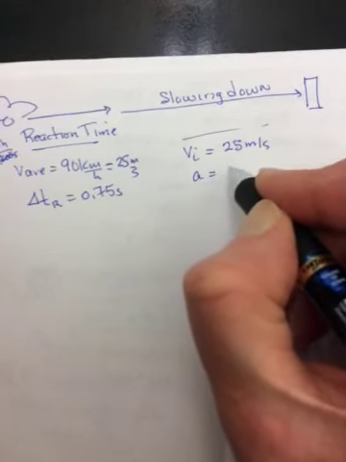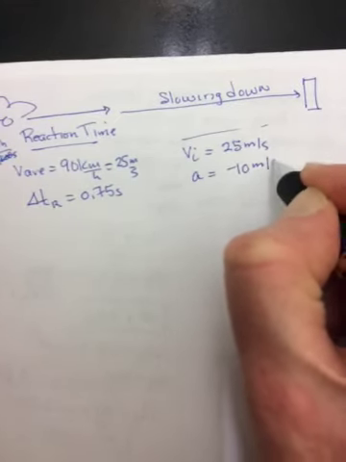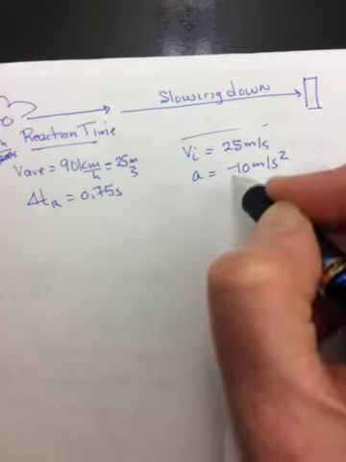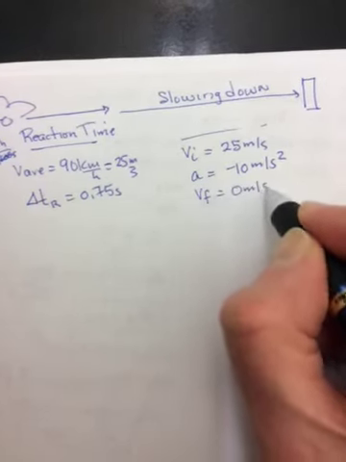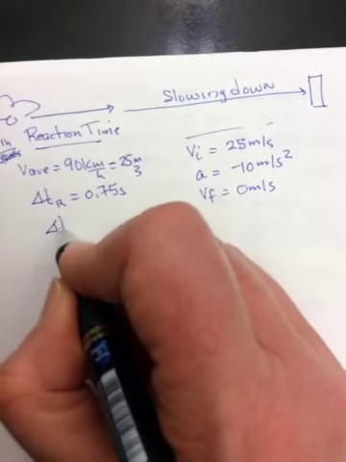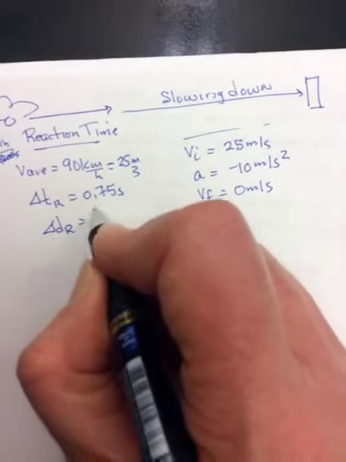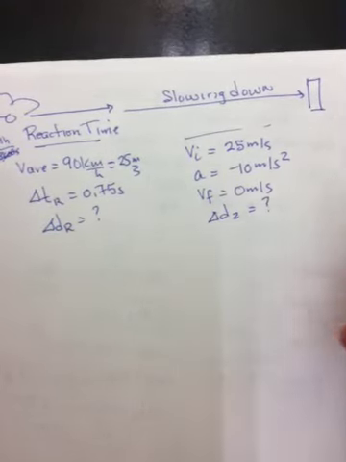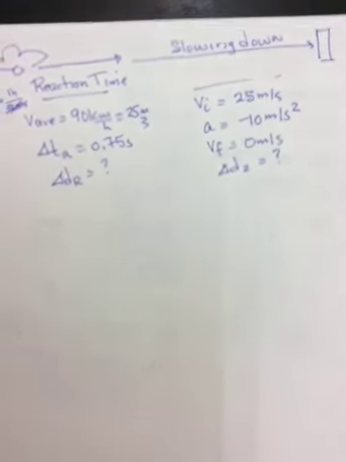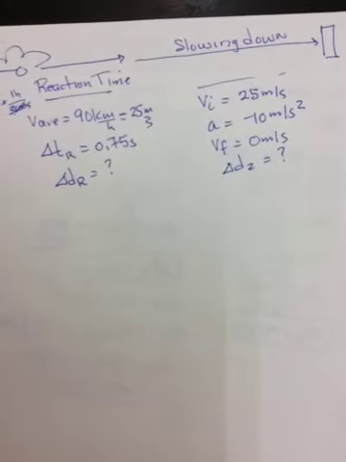It says he slows down at a rate of negative 10 meters per second squared. That's his acceleration. And he slows down until he stops. So what you want to find is how far did he travel for his reaction time, and then how far did he travel over here while he was actually stopping. Add them together, and if it's bigger than 40 meters, he's in trouble.